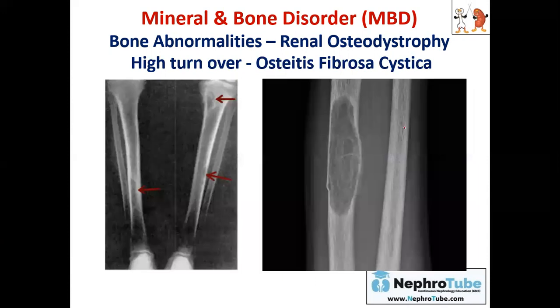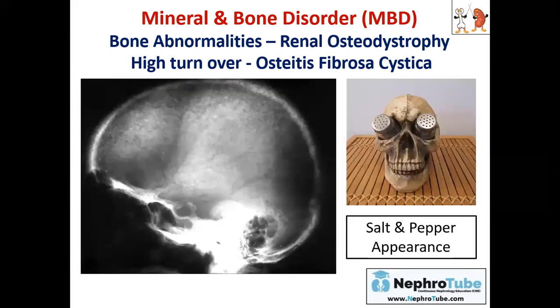This is another shape in the bone, empty bone, black bone on the X-ray, cystic formation due to high activity of the bone cells. You may find it in the skull in the shape of what is called salt and pepper appearance. You will find areas with white and areas with black dots.